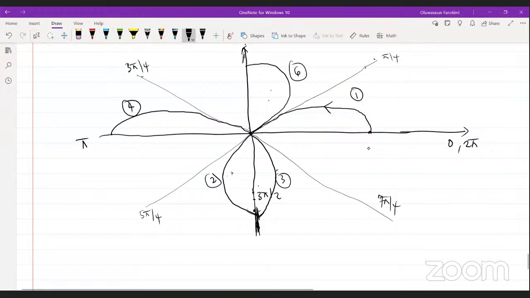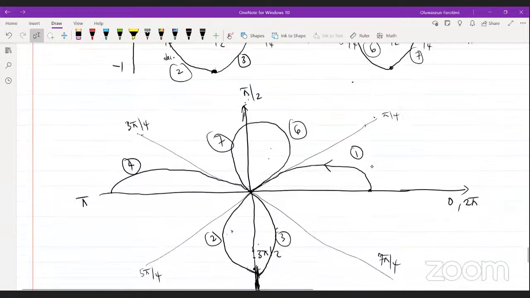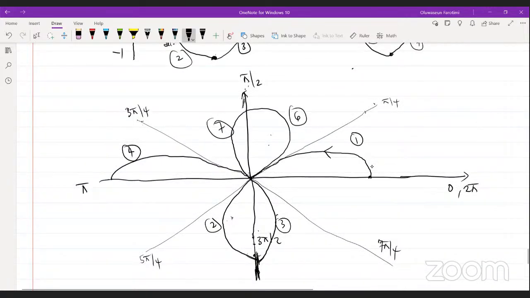That's between this guy and this guy, all right? So it's negative, that means something comes up here. Whenever it's negative, guys, it flips to the other side. Now the last part is we're going between 7 pi over 4 and 2 pi. And that's this guy. It closes up here.